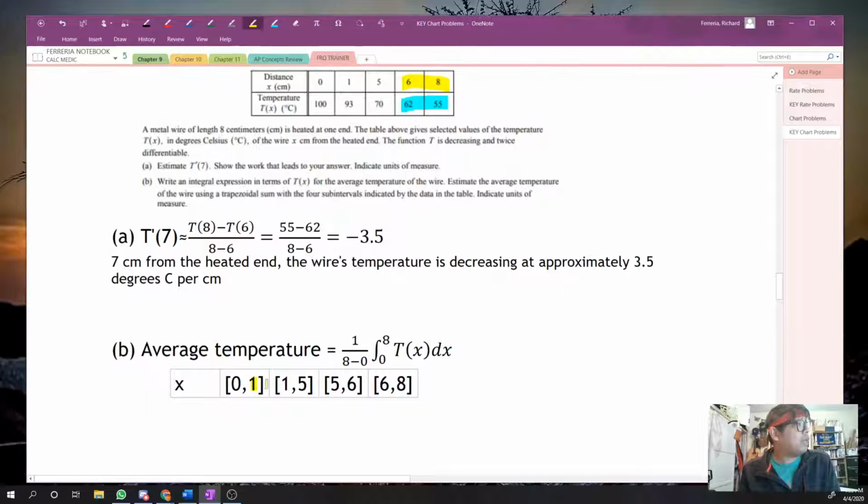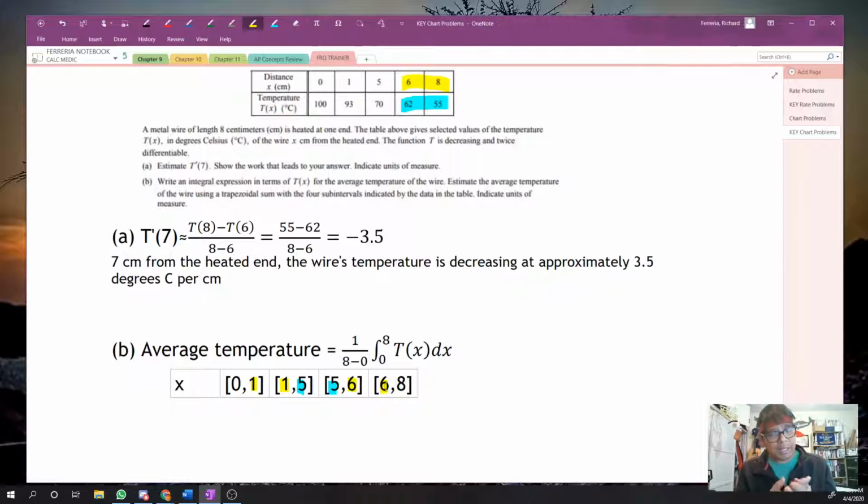Here's 1 and there's 1 again. Here's 5 and there's 5 again. Here's 6 and there's 6 again. So every left endpoint has a corresponding right endpoint that's the same. So that tells me that I didn't skip anything.